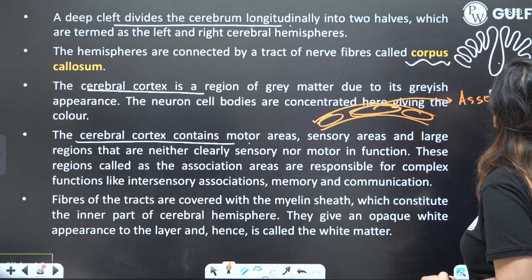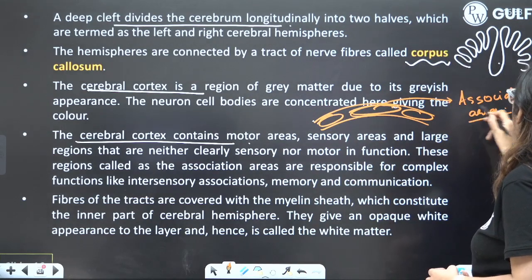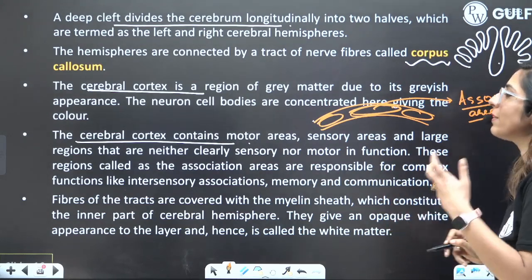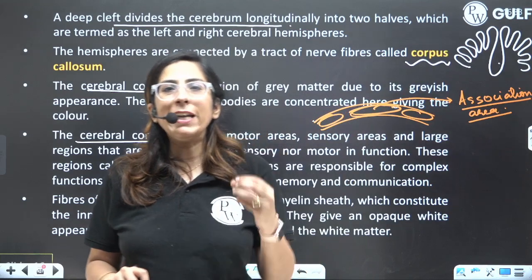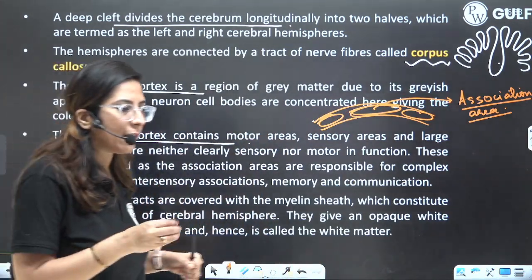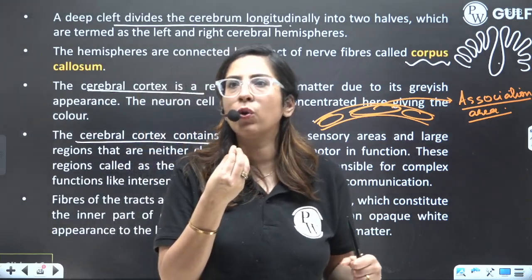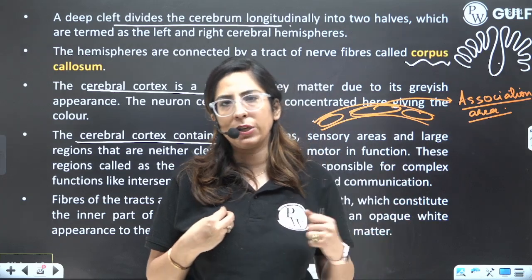This association area controls memory and communication. So intersensory function: at one particular time you are smelling your food and also tasting your food, and that is possible because of the association area.